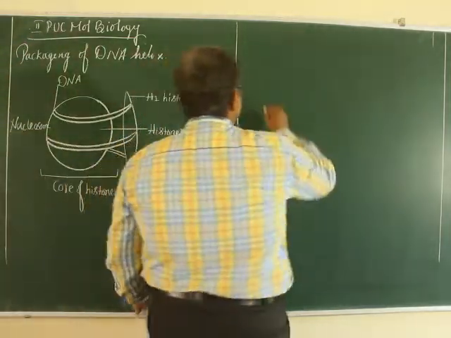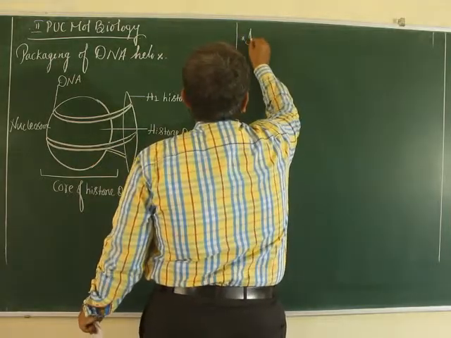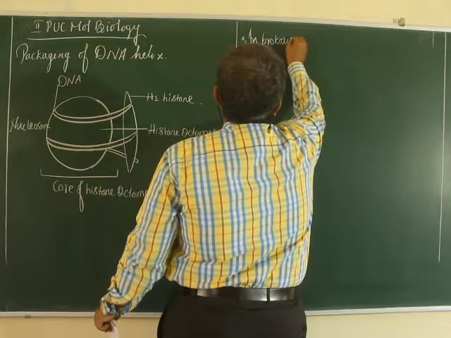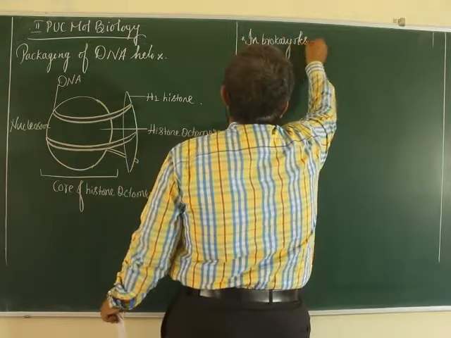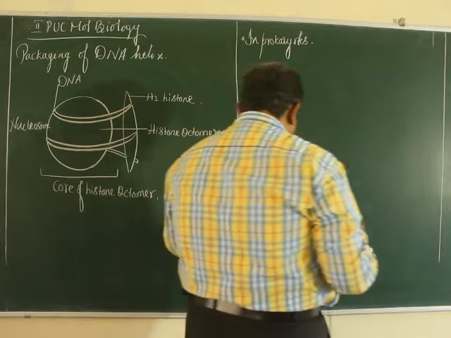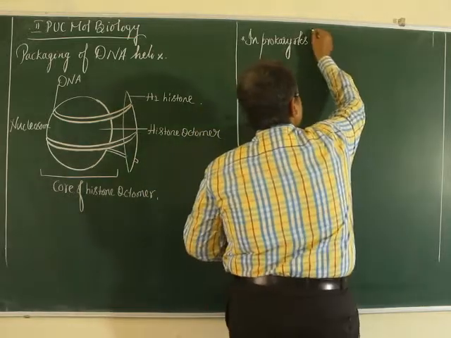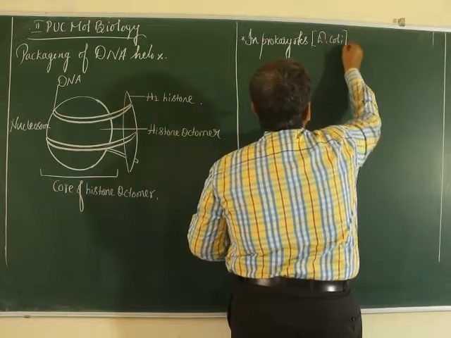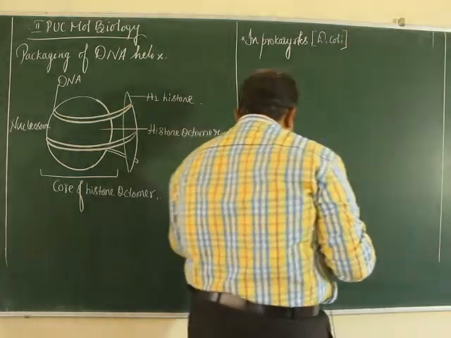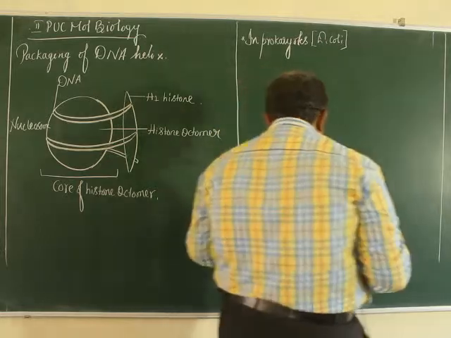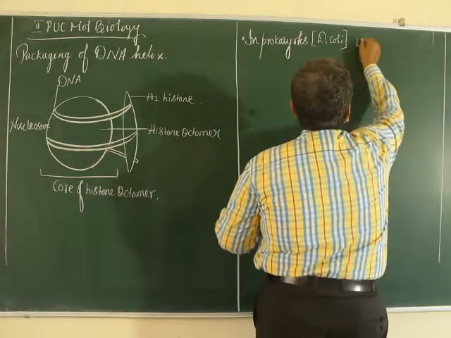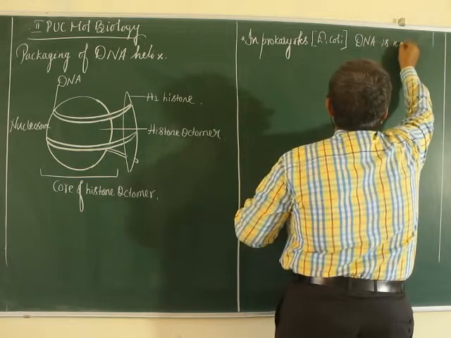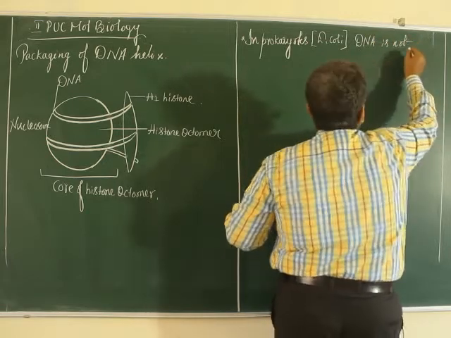In prokaryotes, for example E. coli, DNA is not scattered or spread throughout the cell.